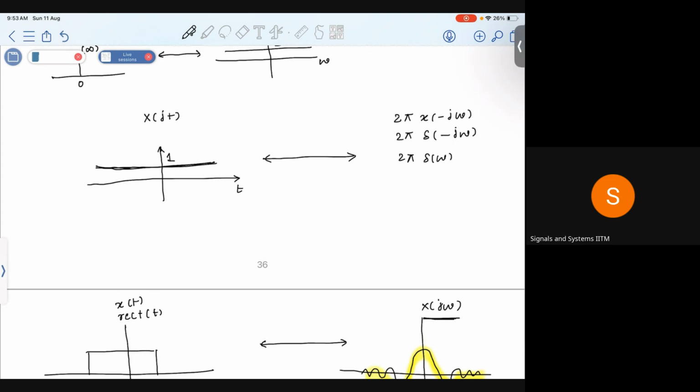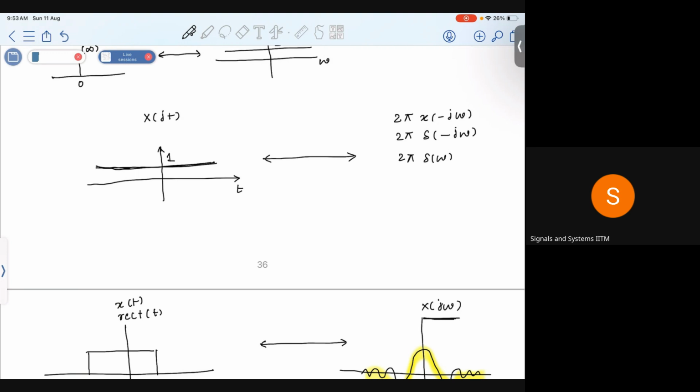Ma'am, for a finite time signal, the Fourier transform will be infinitely long, right? And the other way is also true. Yes, you can assume it to be like that. It's hard to understand intuitively, so how is it a fact actually? You're asking how someone came up with such a transform. You can do that as a reading assignment.